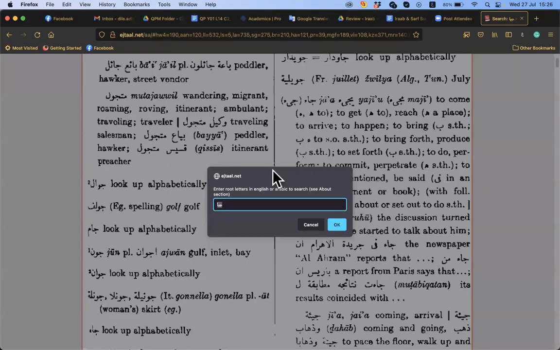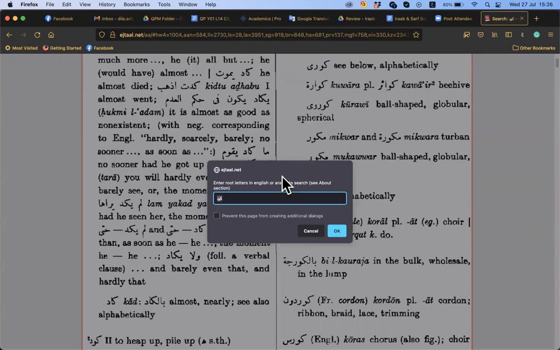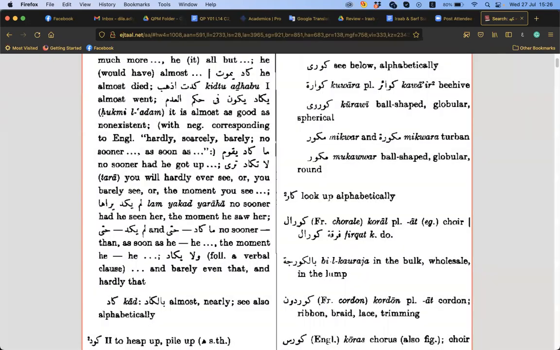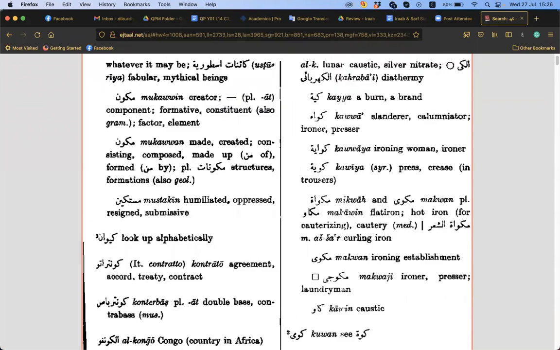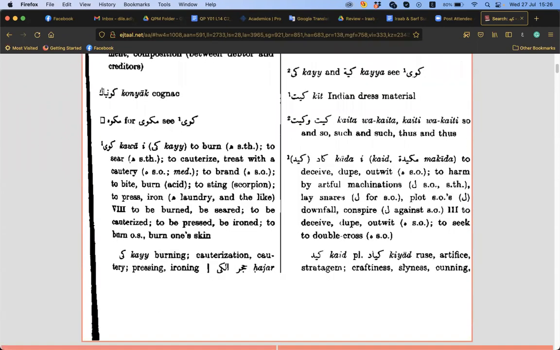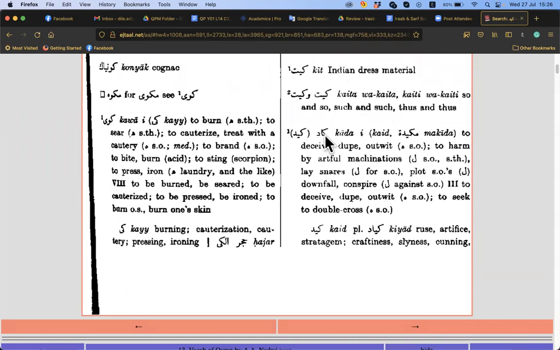That means the hunna should be kasra. Which one are you talking about? Kada yakidu, as in the plan, the scheming, the plot. Yes, that one.